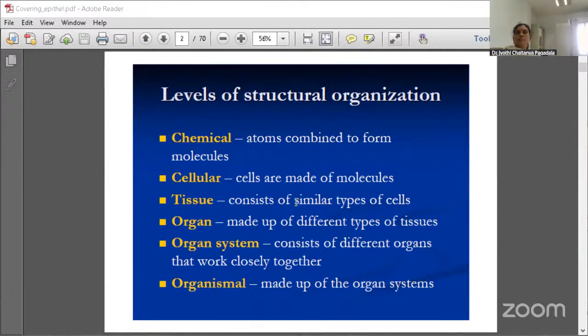Cellular means cells made up of molecules, and tissue consists of similar types of cells. The organ is made up of tissues, and an organ system is made up of different organs that work closely together. The organismal level is made up of a number of organ systems, called the organism.